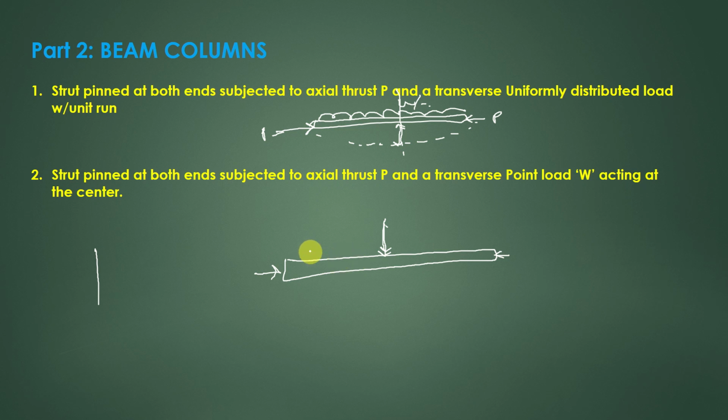You can see beam column joints, for example in high-rise buildings, where you can see the joints of columns and beams. You can consider them as beam columns, which are subjected to both axial thrust and a transverse point load or uniformly distributed load. So that is all about the second unit.